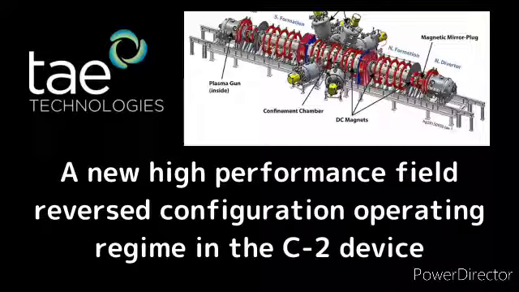Accordingly, present C2 research seeks new ways to improve FRC confinement, while attempting to build up a significant fast ion population.